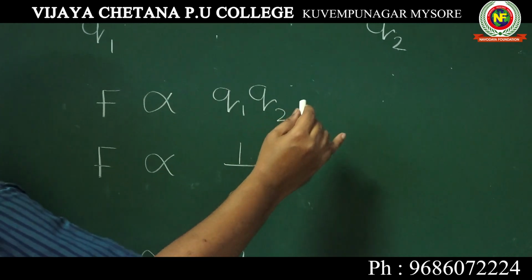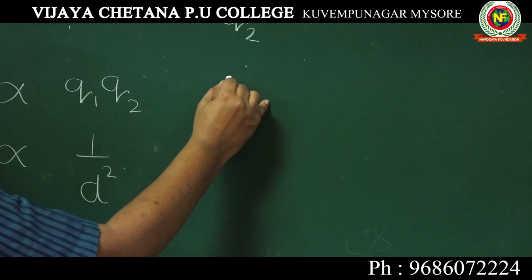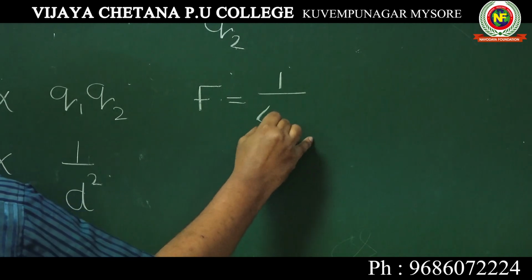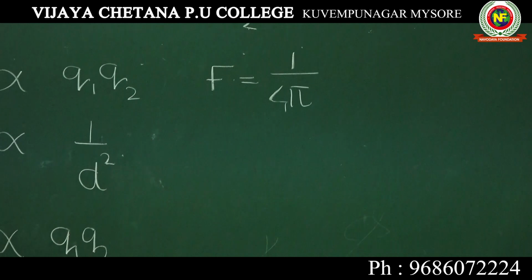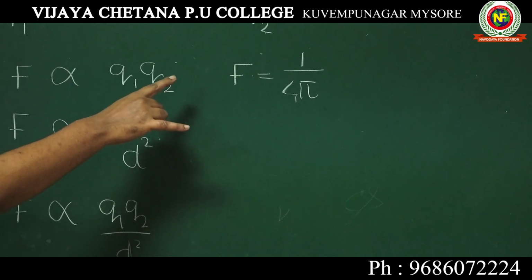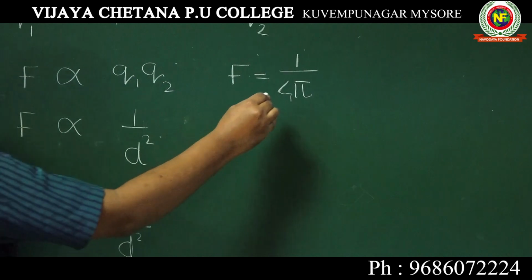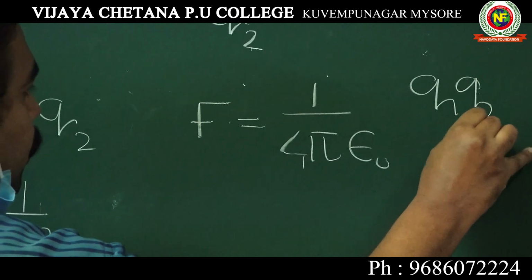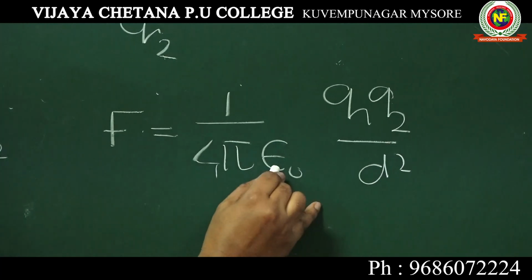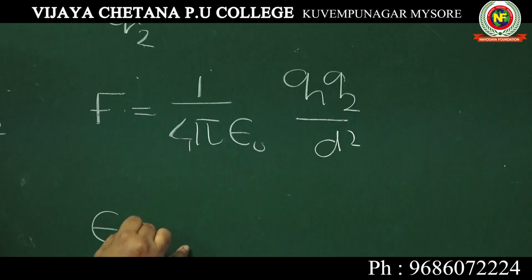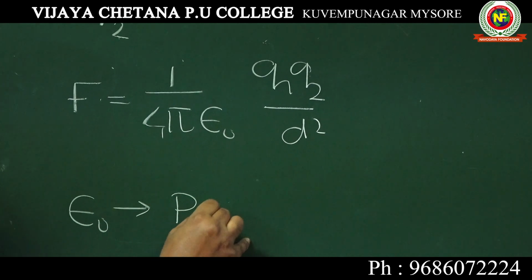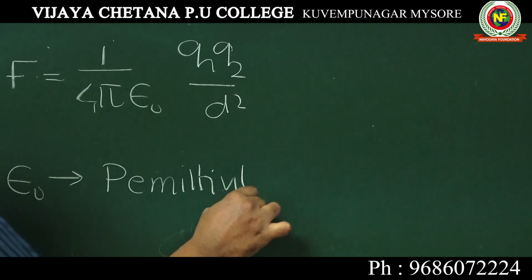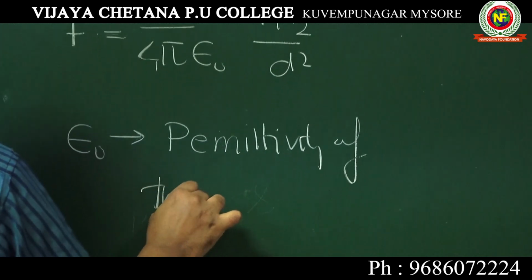By doing suitable calculations and theoretical arguments, he was able to show that if I want to remove the proportionality sign here, I must introduce a constant and write an equality: F equals 1 by 4 pi epsilon naught, Q1 Q2 divided by d square. Here this epsilon naught is called the permittivity of free space.